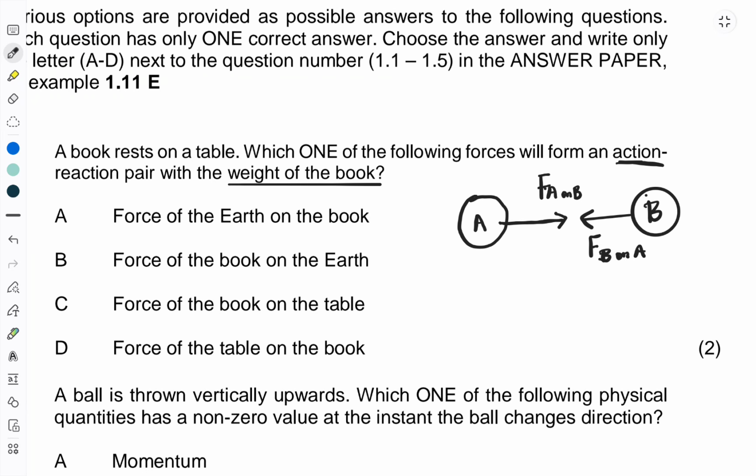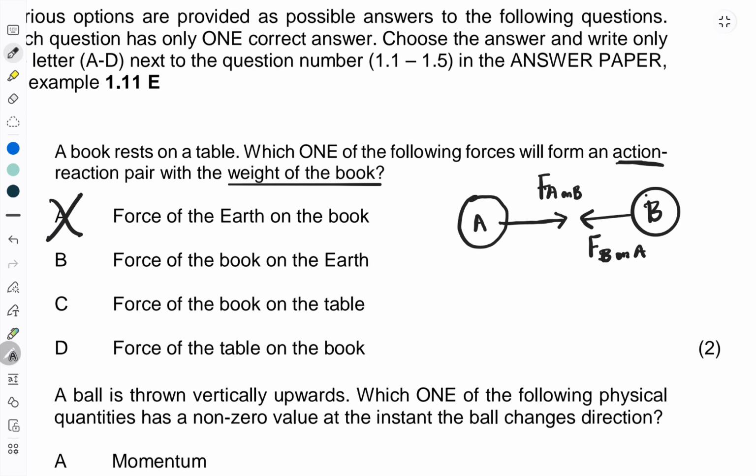If we follow the very same principle, Newton's third law, the book must also apply a force on the Earth. That force should be of the same type. So let's go through our list. Number A, force of the Earth on the book. It can't be number A because force of the Earth on the book is the weight of the book. So this one is ultimately out.